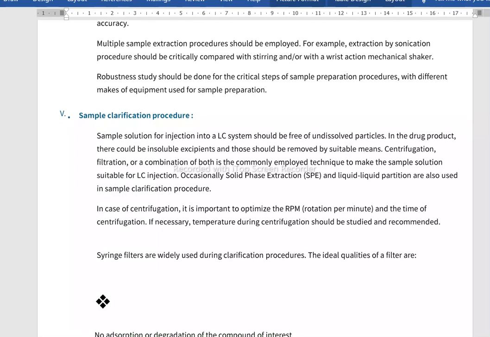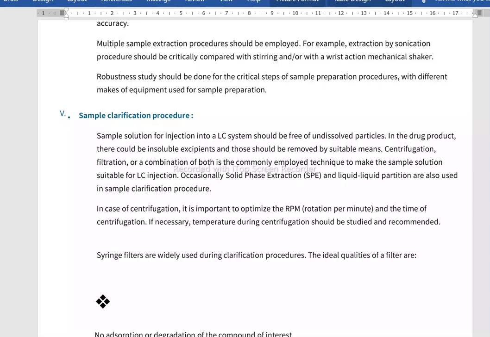In case of centrifugation, it is important to optimize the RPM, that is the rotations per minute, and the time of centrifugation. If necessary, the temperature during centrifugation should be studied and recommended. Syringe filters are widely used during the clarification procedure.